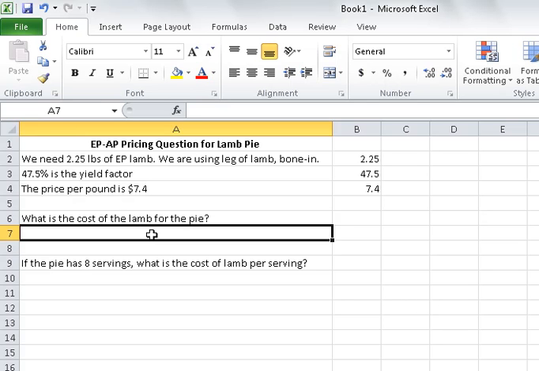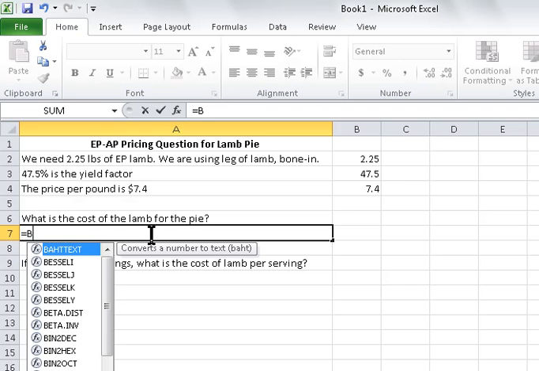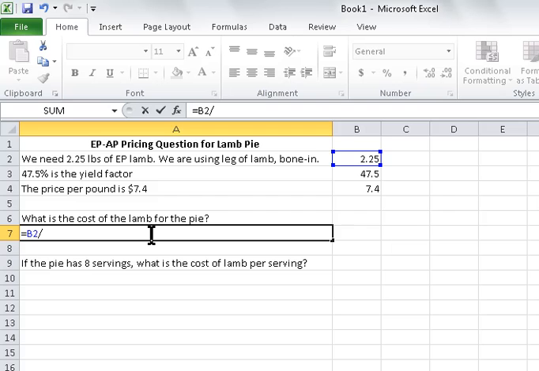Okay, good. So the first thing we want to do is find out, we need 2 1/4 pounds EP of the lamb. So let's find out how much lamb we need to order AP so we can figure out what the cost of this pie is going to be. We take the 2.25 pounds of lamb and divide that by 0.475, which is the yield factor for bone-in lamb leg roast.